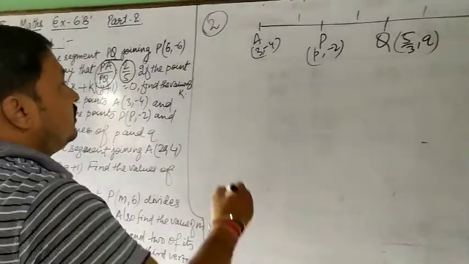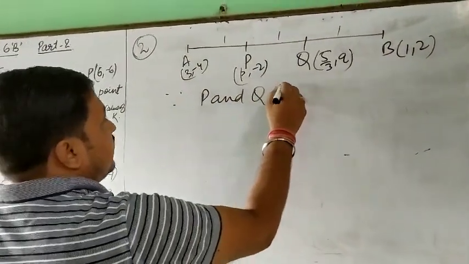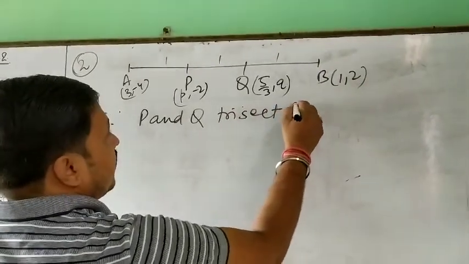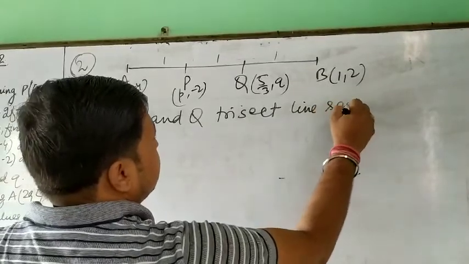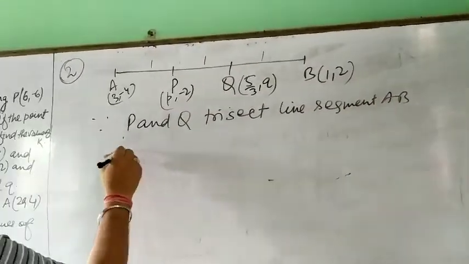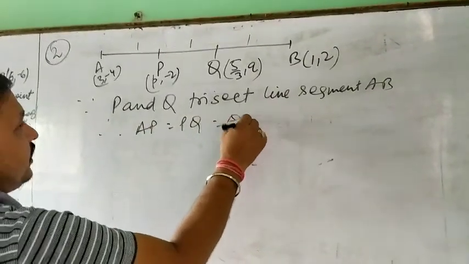Since P and Q trisect line segment AB, AP equals PQ equals QB.